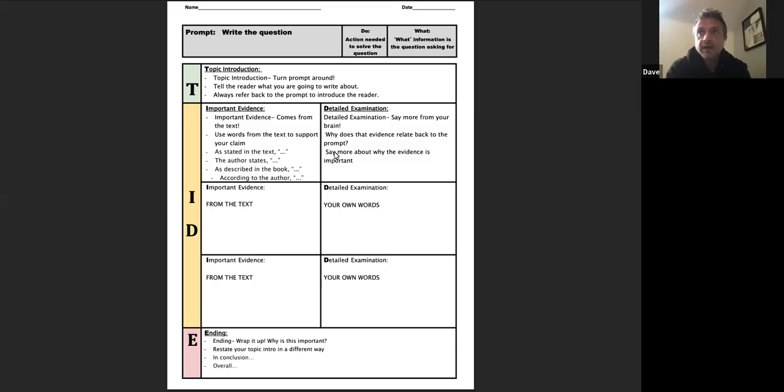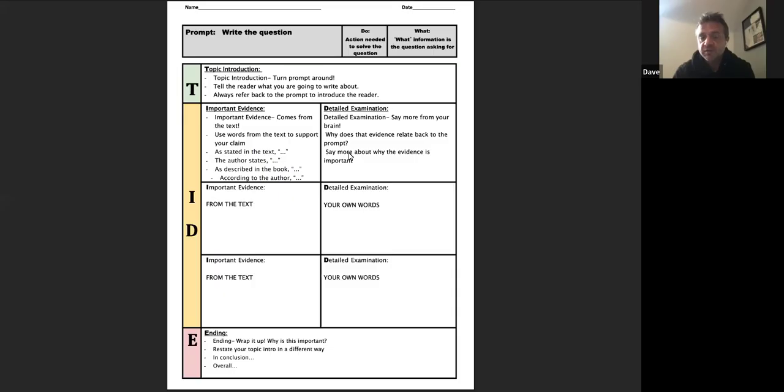So, why did I take this? How does it go back? Why is it important? Why didn't I pick something else? This is the me part. The evidence is the book part. The me part is the explanation. What does it mean? Why should I care about this evidence? Why is it important? Why does it go back?